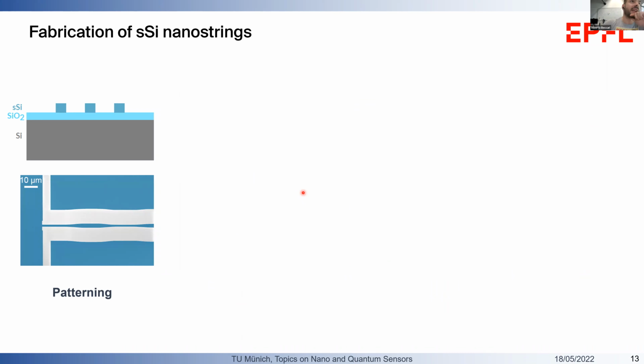So we started with this strained silicon on insulator material platform, and we wanted to exploit dissipation dilution. We want to create some high aspect ratio nanostrings. So we had to develop a way to suspend these nanostrings. The first challenge that we had to face was that we couldn't use just the silicon oxide layer to suspend the nanostrings because it's too thin.